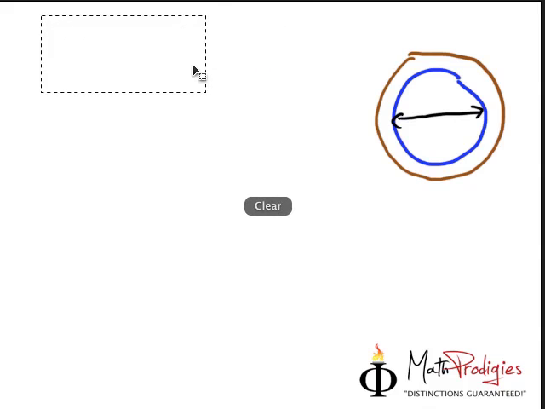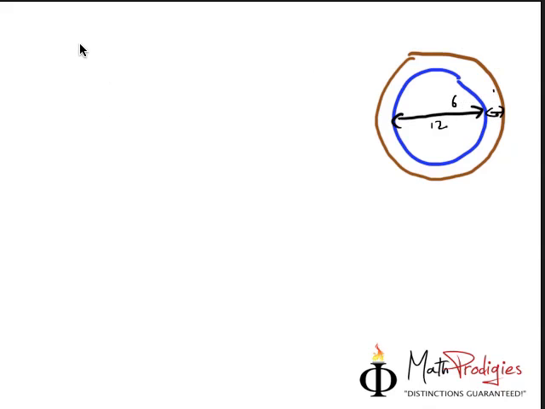The second mistake that students usually make is this. They say, oh, since this is 12, and since this is 2, of course the radius will be 6 and 1, right? Therefore, the area is pi r squared, which in this case equals pi times 6 minus 1 squared, which is pi 5 squared. Is that correct?